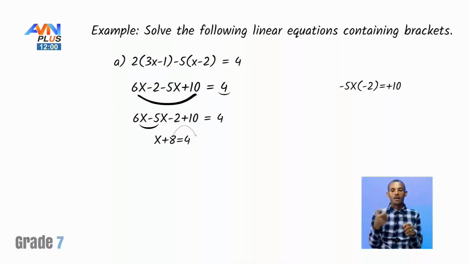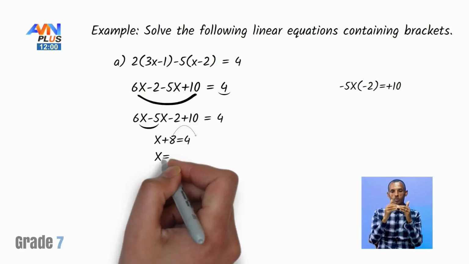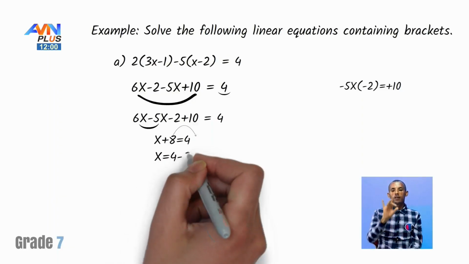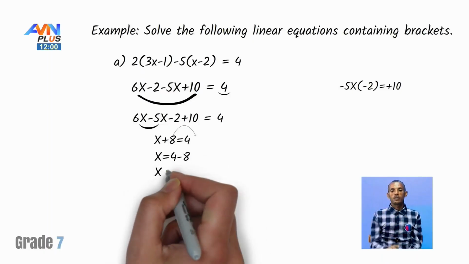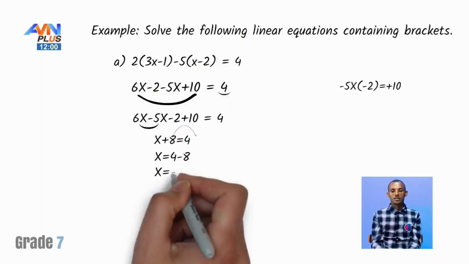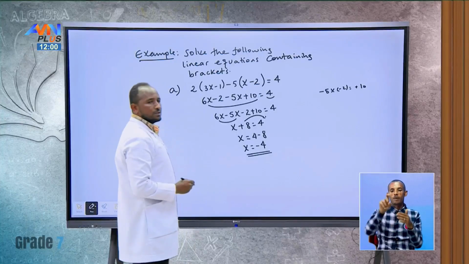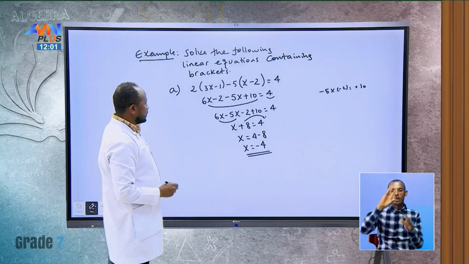So you have x only on the left side is equal to 4. When 8 moves to that side, since it's positive, it becomes negative. Therefore, x is equal to 4 minus 8, which is -4. So the value of x is -4. Now I'll give you one question for you.